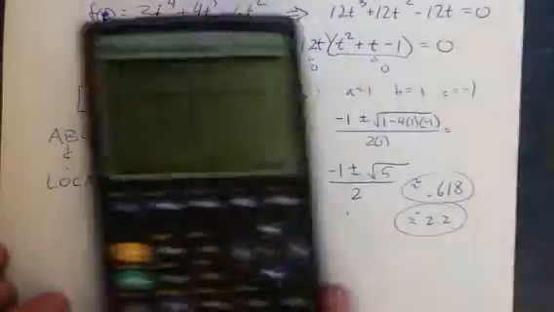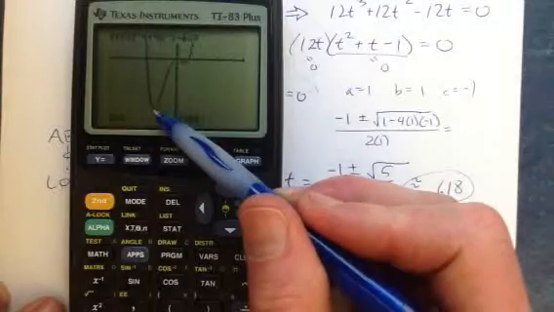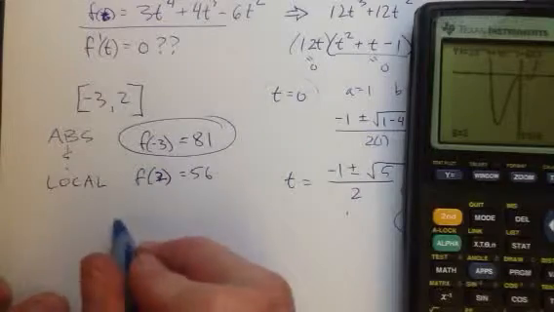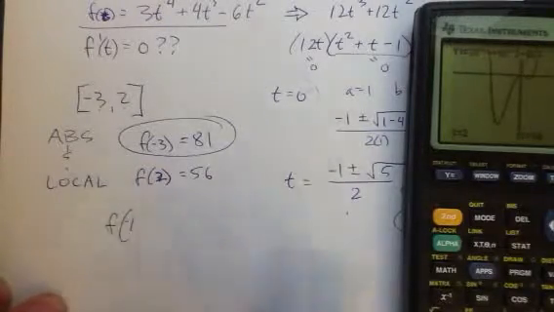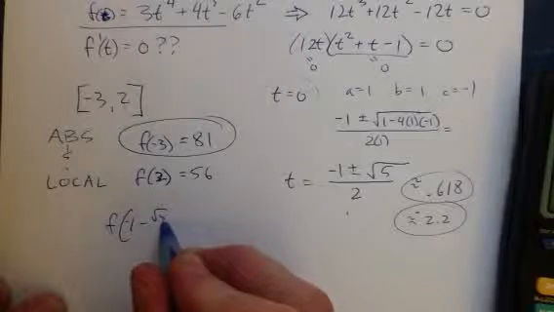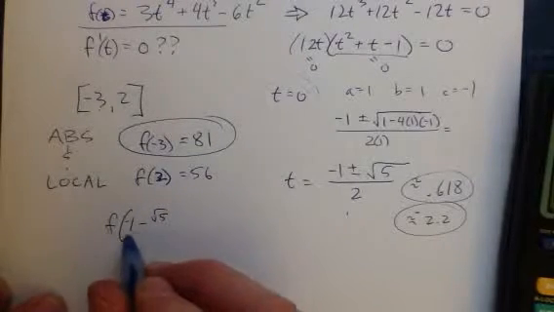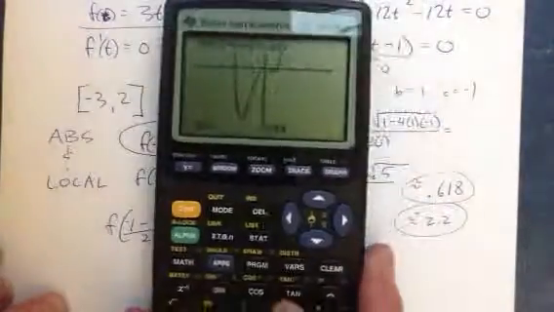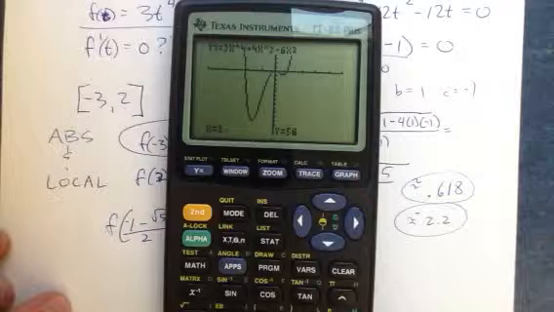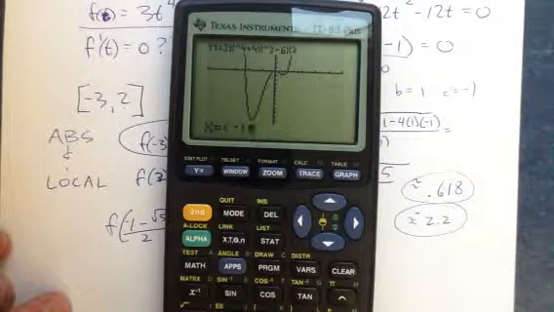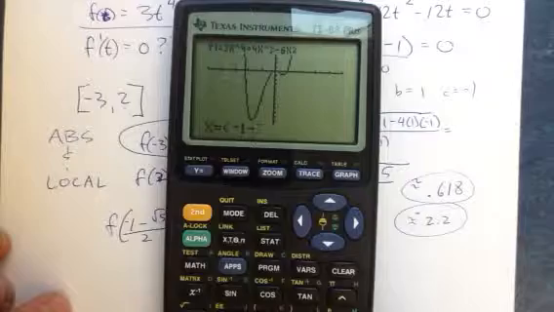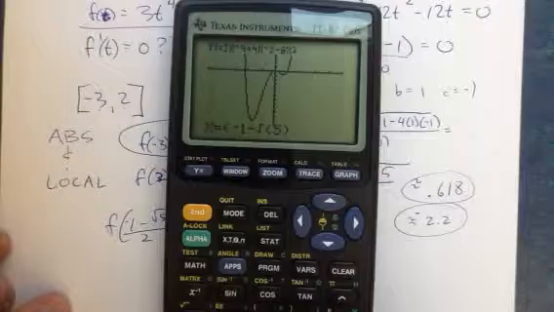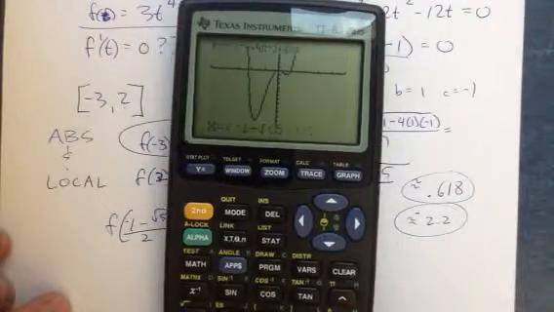So my maximum value in the whole function over this domain is going to be that. Then the local minimum value will be at f of (-1 minus radical 5) over 2. And what will that value be? If I type in parentheses -1 minus second root 5, close parentheses, divided by 2, I should get an answer.